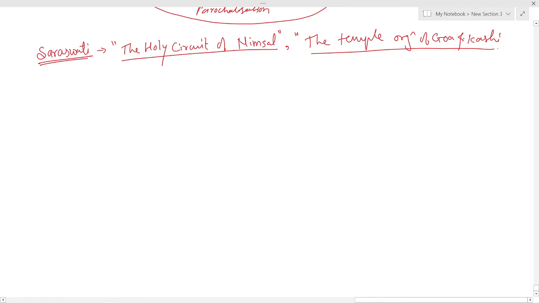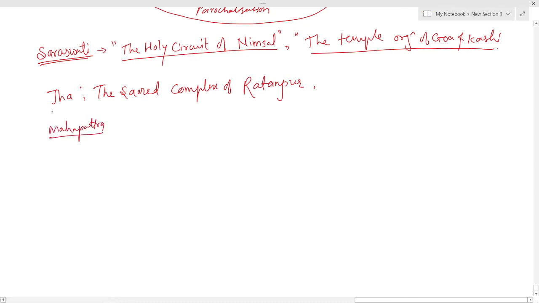Among the other contributions are Jhaz, the sacred complex of Ratanpur, and Mahapatras, the sacred complex of Lingaraj temple.